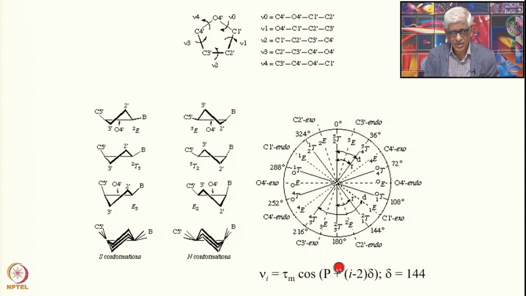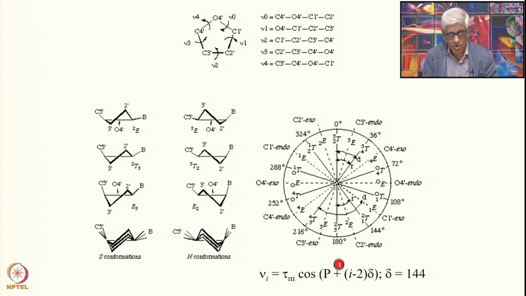degrees. And then P is a value which can take values from 0 to 360, in the formula with cosine of P plus i minus 2 times delta, where delta is a fixed number like 144. If you keep varying i through different values, then you get different kinds of sugar geometries.